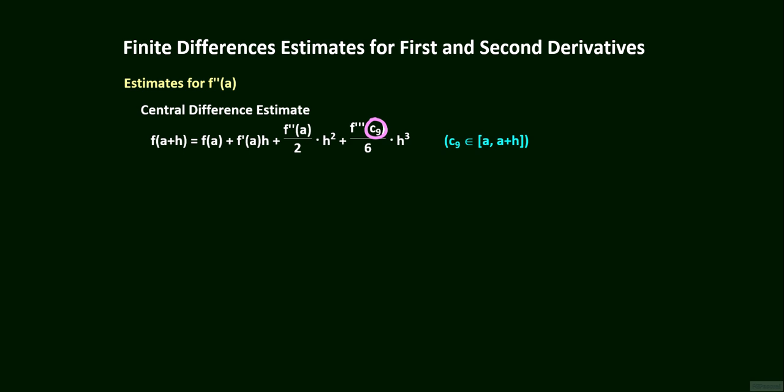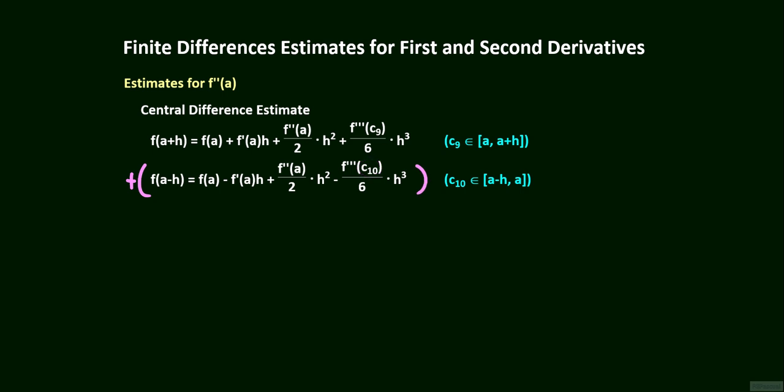We will also use the Taylor series for f of a minus h. The error term is f triple prime of c sub 10 divided by 6 times the cube of minus h, or minus f triple prime of c sub 10 divided by 6 times h cubed. C sub 10 is a value between a minus h and a.